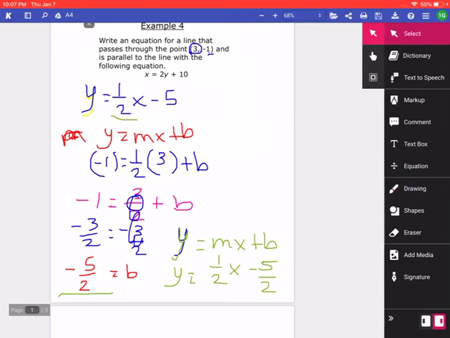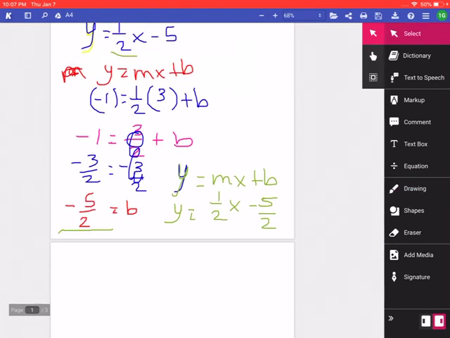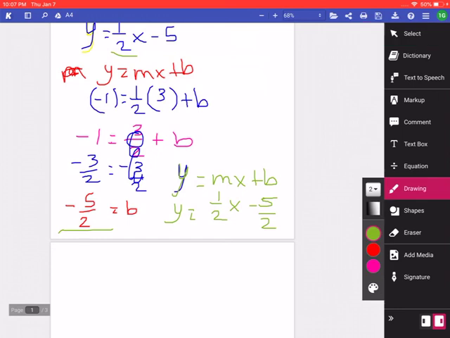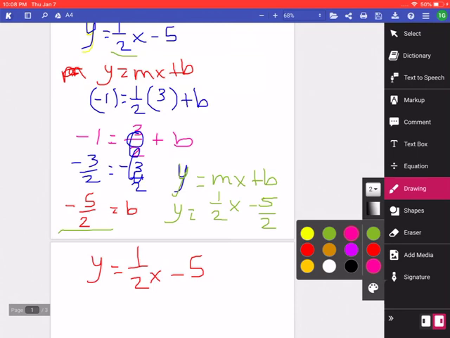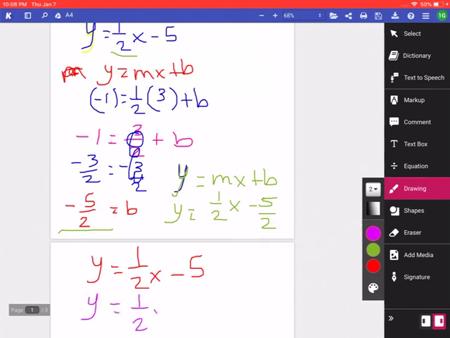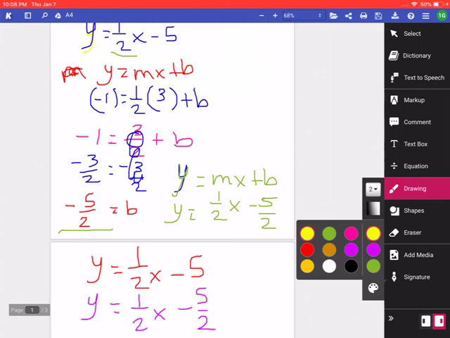Now if we look at these side by side, we can see that these lines are indeed parallel. Our original equation was y equals 1/2 x minus 5, and our new equation is y equals 1/2 x minus 5/2. Here we see that these have the same slope, so they are parallel.